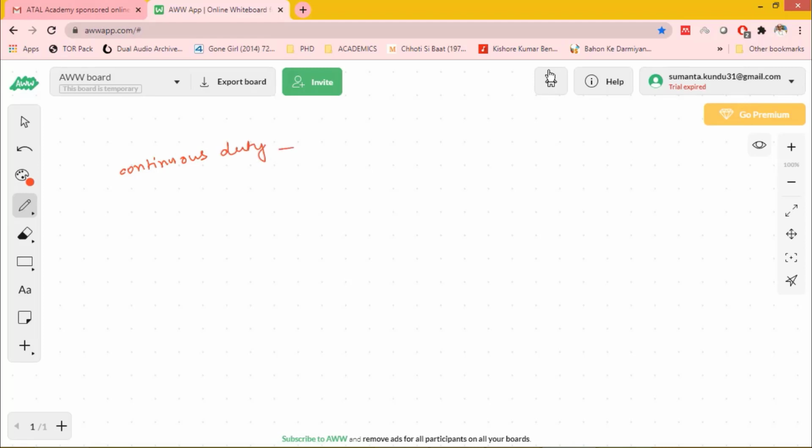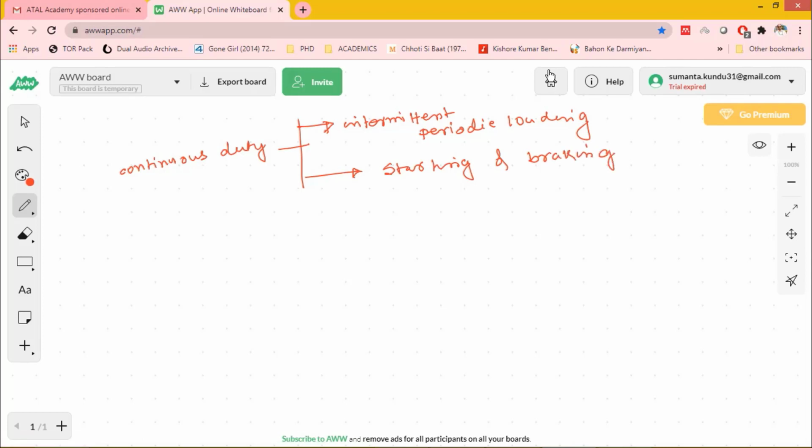Now this continuous duty is classified into continuous duty with intermittent periodic loading, continuous duty with starting and braking, and then continuous duty with periodic speed changes.